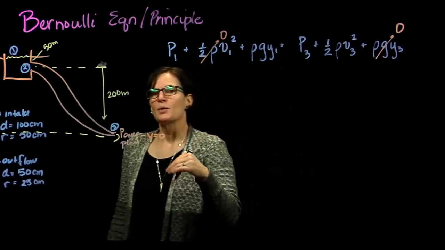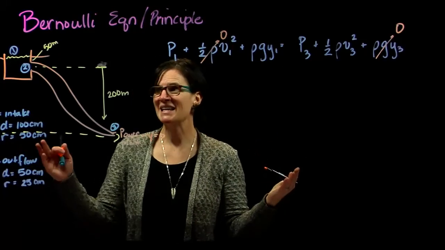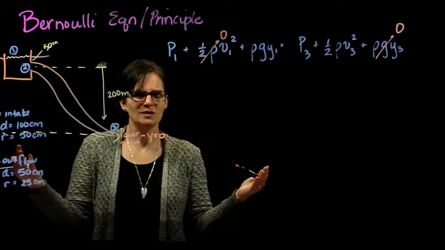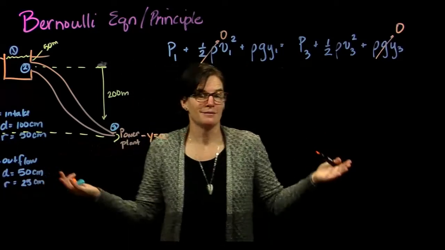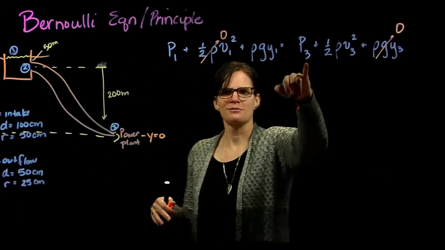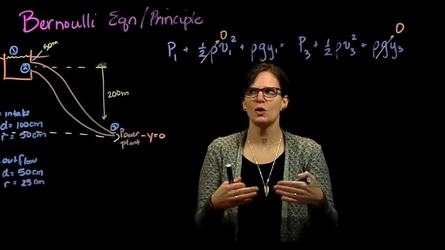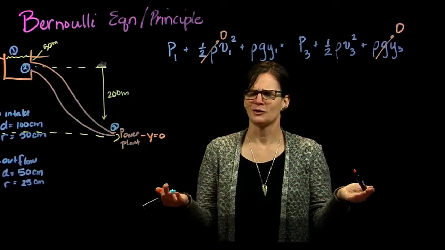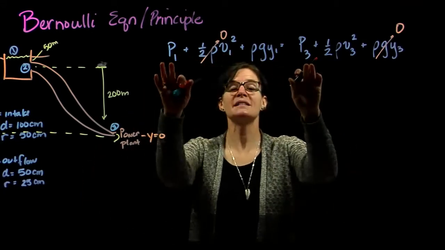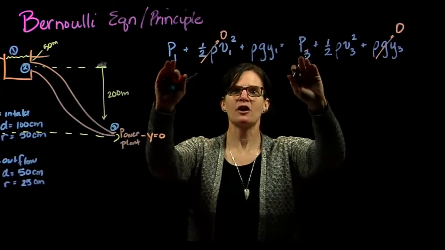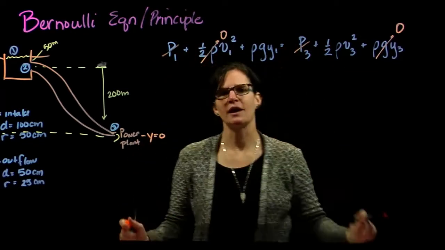Now, we aren't given any information about the pressure, but the pressure at 1 is open to air, so it's whatever the pressure is in the air. The pressure at 3, this tube also opens up to air into the turbine, and so that is also the pressure of air. And so these two, while not 0, are equal, and therefore in this relationship are going to cancel each other out.